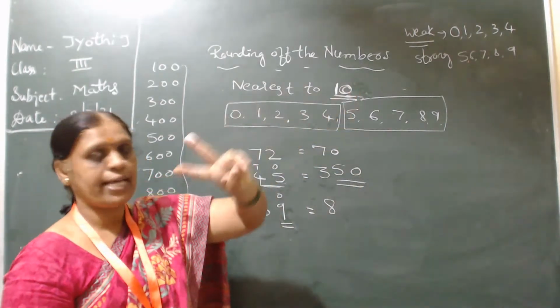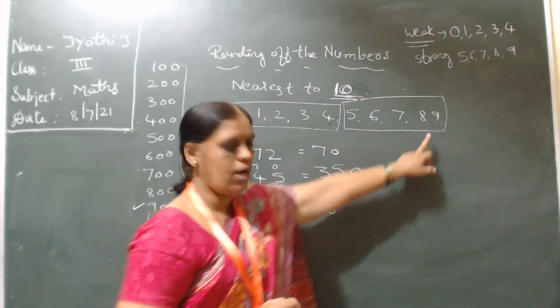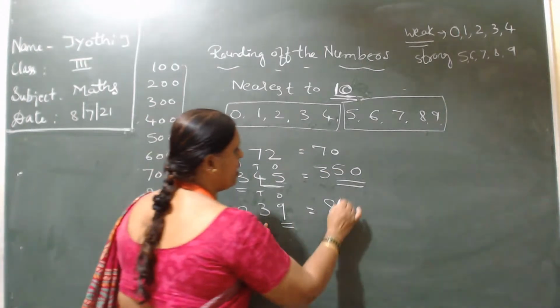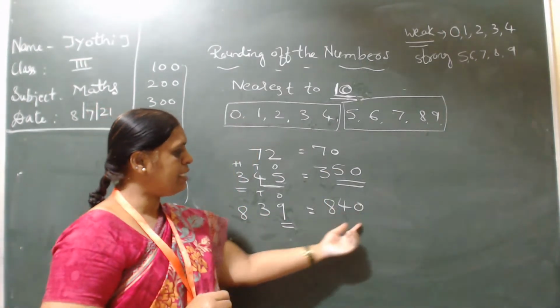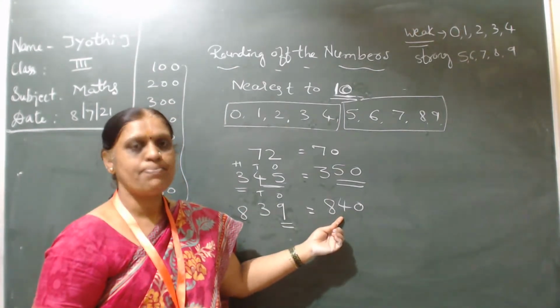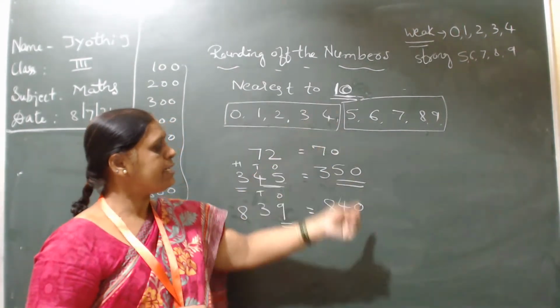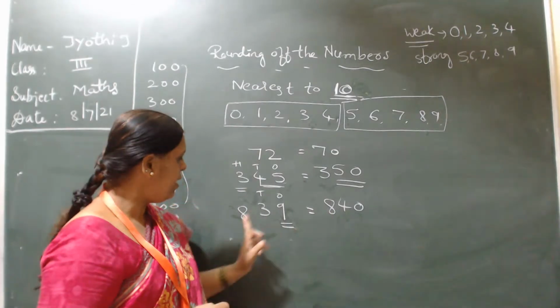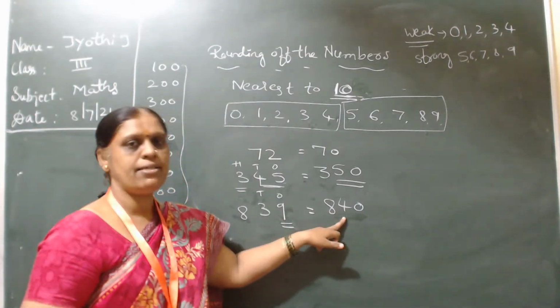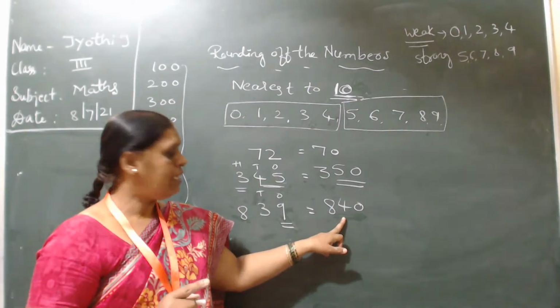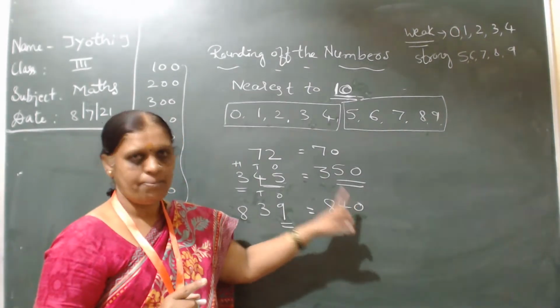In the second group, it is strong. So 39 will become 40. Understand? So we are changing the numbers in the tens place, which means rounding to the tens. The hundreds number remains the same. Only the tens place changes.